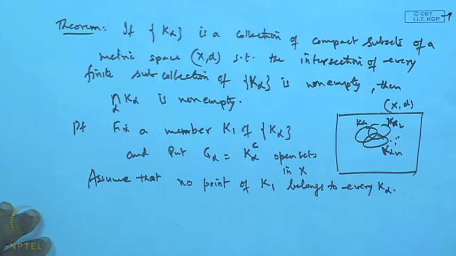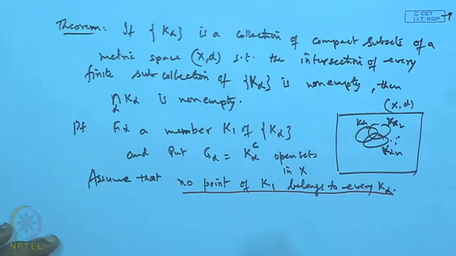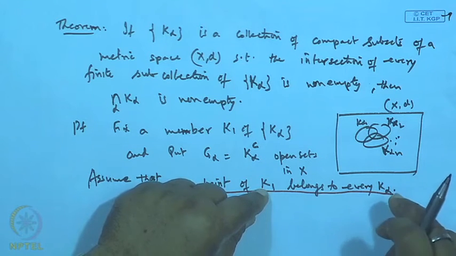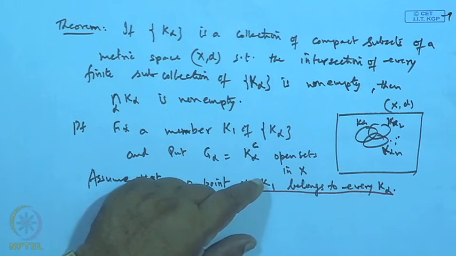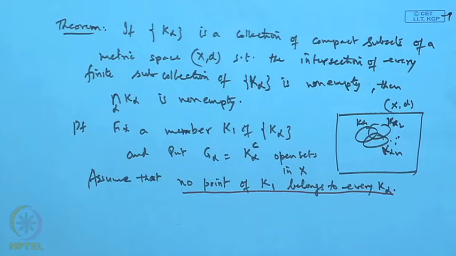This is our assumption. It means that when you pick any one point of K 1, then at least one K alpha will be available where that point does not belong. So, no point of K 1 belongs to every K alpha.